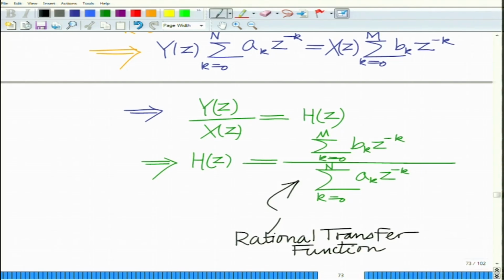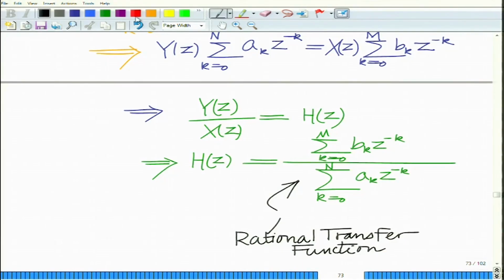Okay. So we have the Z transform of the system described by the difference equation, and we can see that it is given by a rational transfer function.